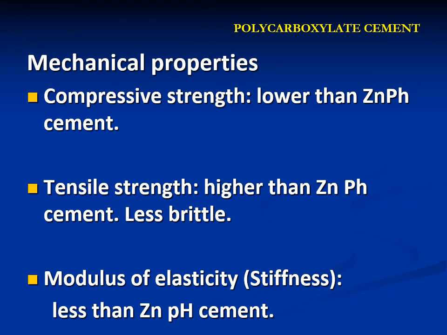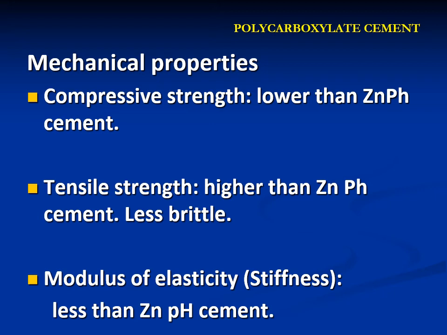The mechanical properties of polycarboxylate cement are considered high enough for it to be used as a luting agent or a base under other restorations. But compared to the zinc phosphate cement, it has lower compressive strength and lower modulus of elasticity, but it has higher tensile strength, but this cement is still a brittle one.